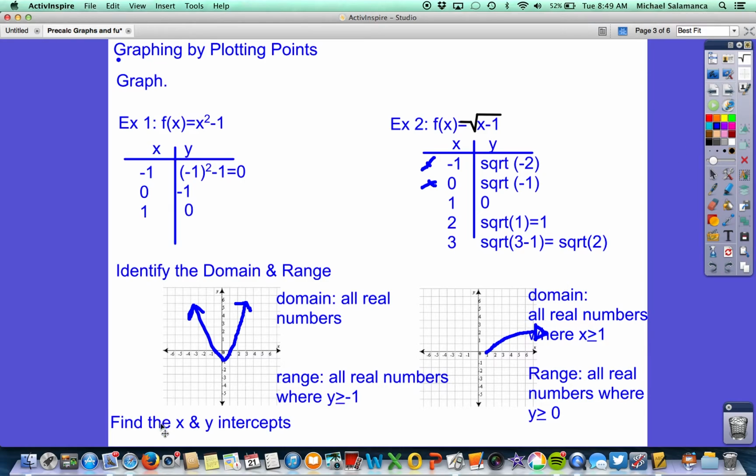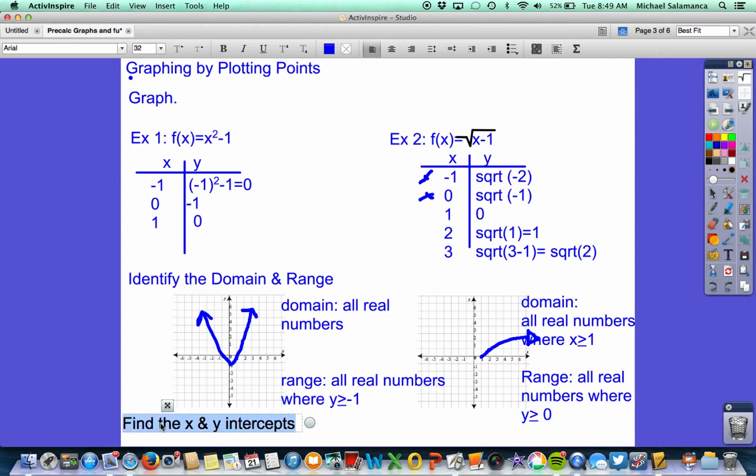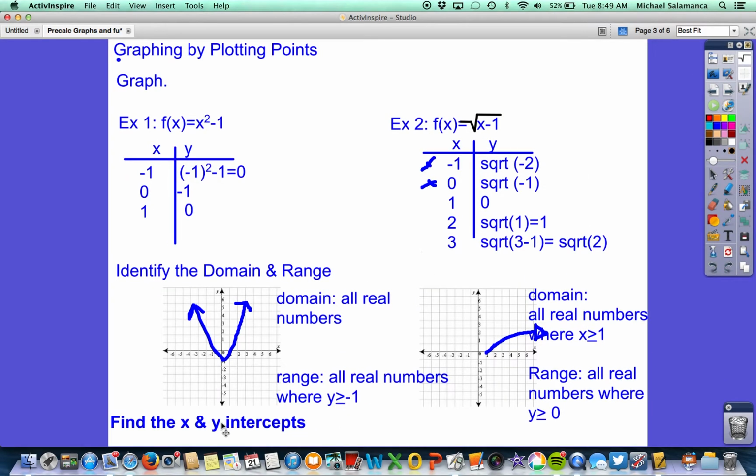The last thing they're asking for here is to find the x and y intercepts. So these should actually be very easy. So we're going to do this in red. So to find the x and y intercepts, again, intercepts just talk about where things cross. So if we're looking for x and y intercepts here, the graph crosses here, here, and here.